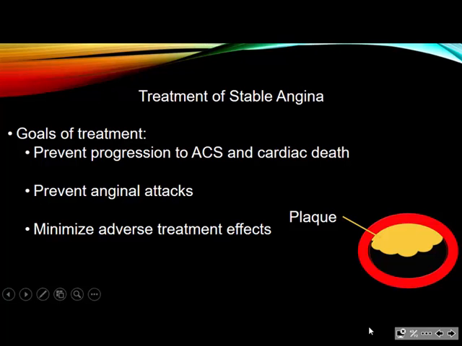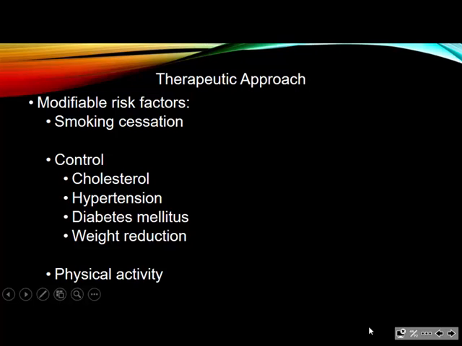When we treat these patients, if you think about that progression, what we're trying to do is prevent the progression to acute coronary syndromes and cardiac death, prevent any of those acute attacks that they're having, and minimize the adverse effects of the medications that we're going to be treating them with.